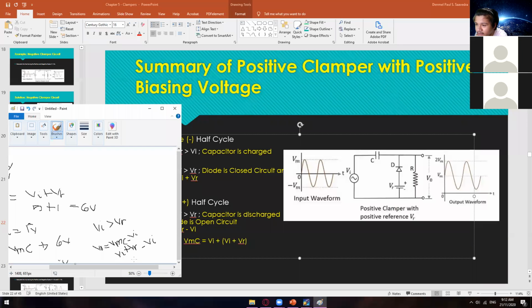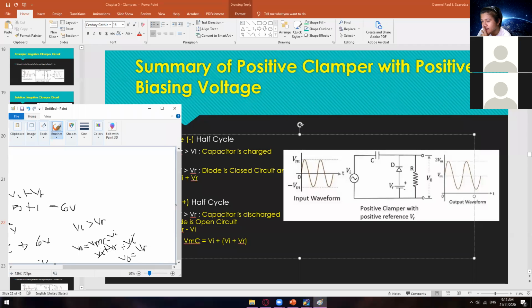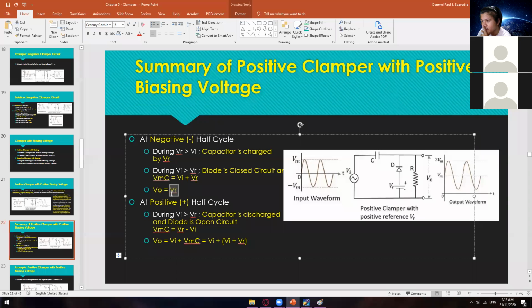So this will just be cancelled and then V sub O will become V sub R. During the positive half cycle, hmm, 6 volts minus 6 volts plus 1. So during the negative, we have 1 volt. Uh, yeah, which is peak to peak. And then during the positive, we also have 1 volt.